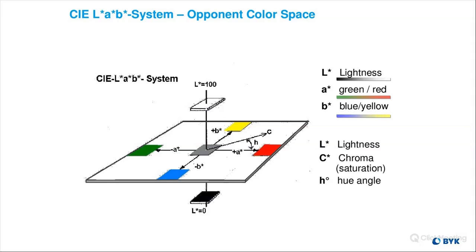And then your B axis at negative B, it's blue. And at positive B, it's yellow. And so using those coordinates, you can identify where you are in color space when you're measuring a color or seeing a color visually. It's a great system. It's more uniform than the one before. This is what most people use these days.